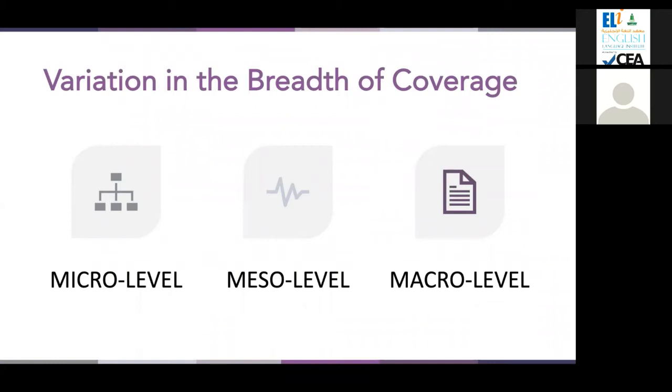And the meso level is something in between, where the theory could cover both, taking some small aspects and also bigger aspects at the macro level. So in other words, a theory does not necessarily cover the entire observation based on the research. It could cover only one part, micro, or it could deal with it in a holistic manner at the larger level, which is the macro, or in between, the meso level.